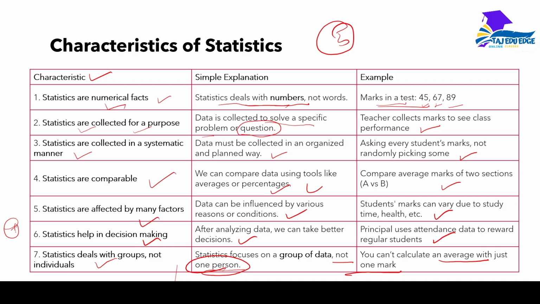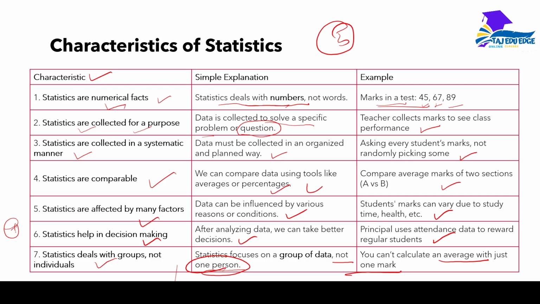So to write well and score well, for example, if they ask you for 5 marks, explain the characteristics of statistics, how should you answer? First, you have to write the meaning of the statistics. Later, characteristics of statistics, at least 5 points.